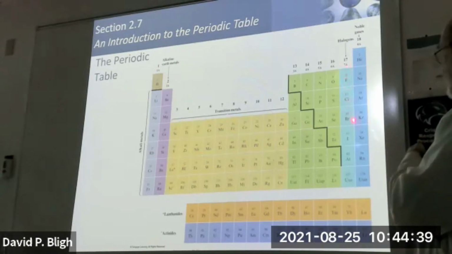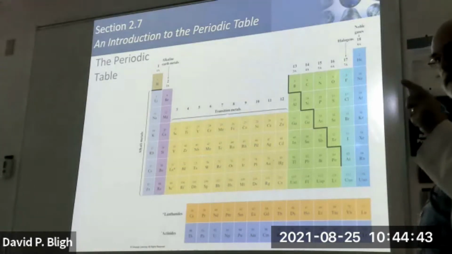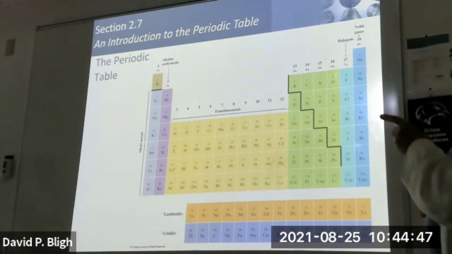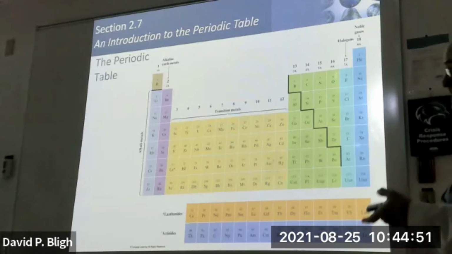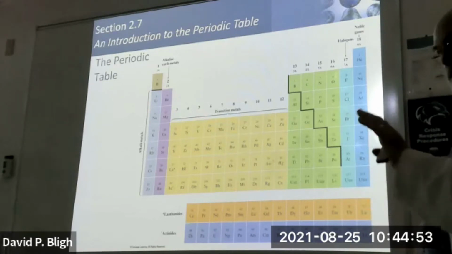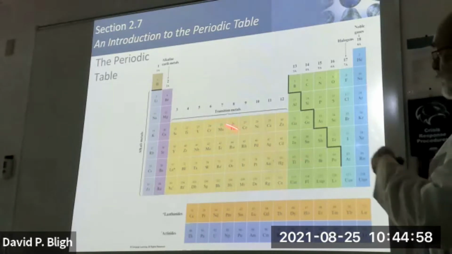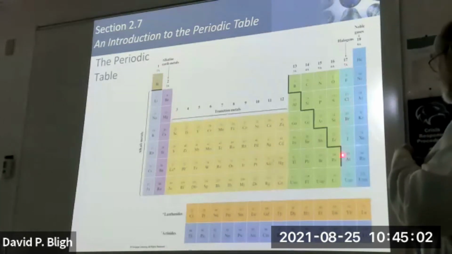Whereas the halogens always form -1 when they're in ionic compounds. Remember I said nonmetals can form covalent compounds. They can share electrons. When they share electrons, then they're not ions. But when they're ions, formed compounds with metals, they prefer -1 charge.